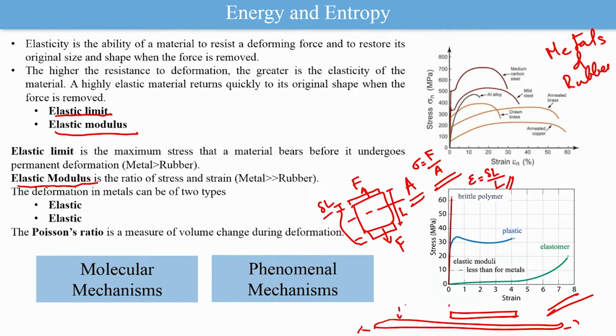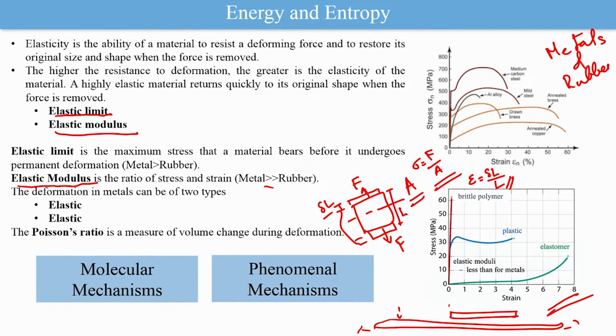So, if you stretch a metal to the same extension as this rubber, the stress developed in the metal or a material of that much high stiffness will be way higher. Okay. So, the elastic modulus of metal is very much higher than rubber.